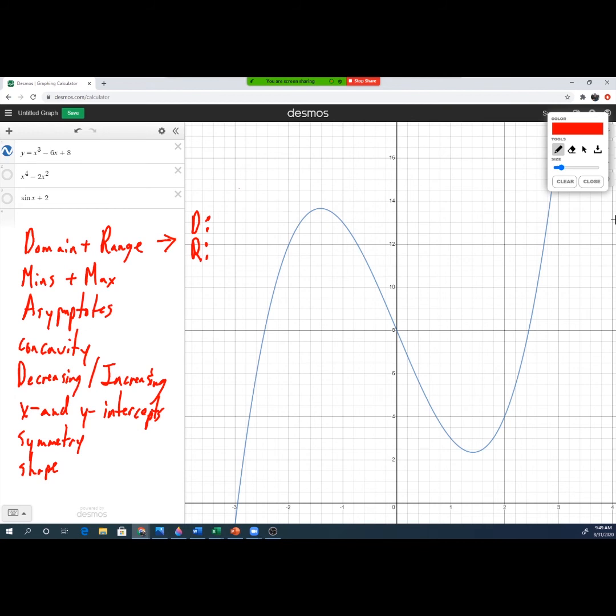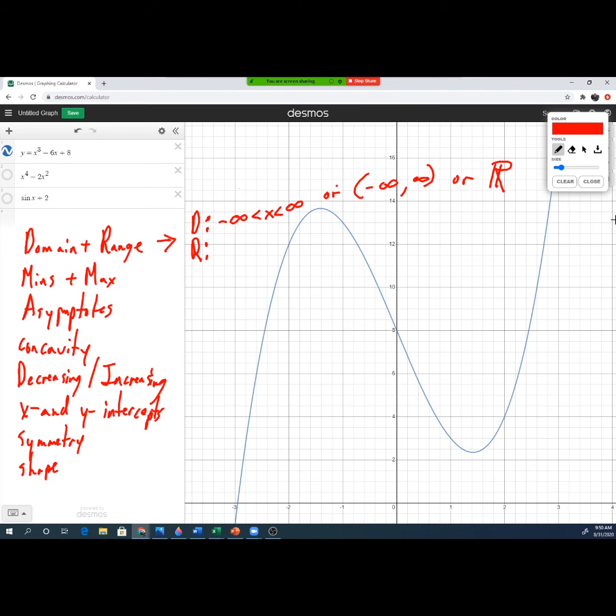Well, its domain is negative infinity to infinity. So we would write that like this. And in other notations, you also maybe have seen something like this. Or, my favorite way to write it is all real numbers.